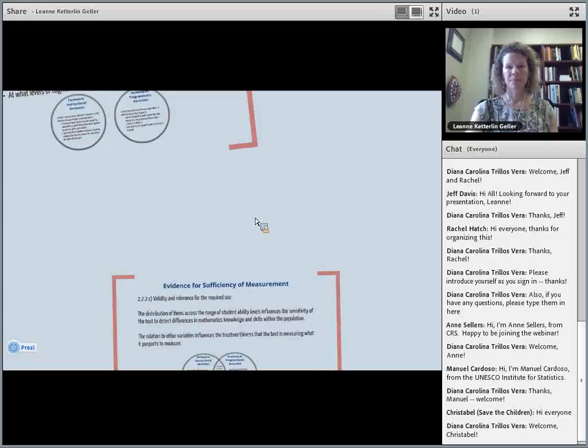So as we move to the other use of assessment results, and in this case talking about early grade mathematics assessments, we often see that these assessments are used to make programmatic decisions or to inform stakeholders about students' proficiency. And if we wanted to look at those uses, we need to look at different content sampling. So we would want to assess broader skills, perhaps, but really that they align with the curricular expectations.